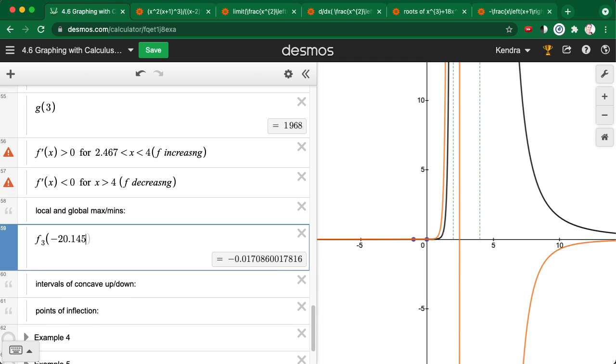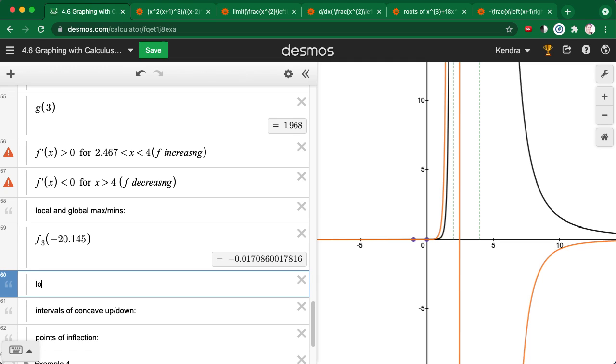So that must be a local minimum of negative 0.017 at x equals negative 20.145.